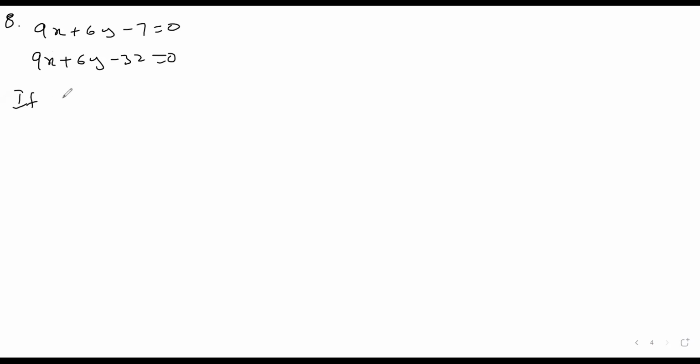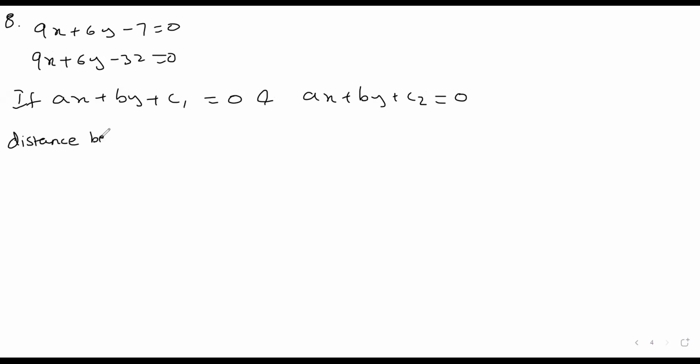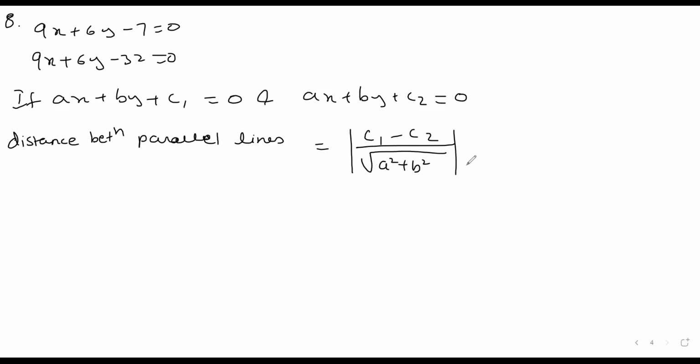Now, if ax plus by plus c1 is equal to 0 and ax plus by plus c2 is equal to 0 are two parallel lines, then the distance between the parallel lines is modulus of c1 minus c2 upon under root a square plus b square.